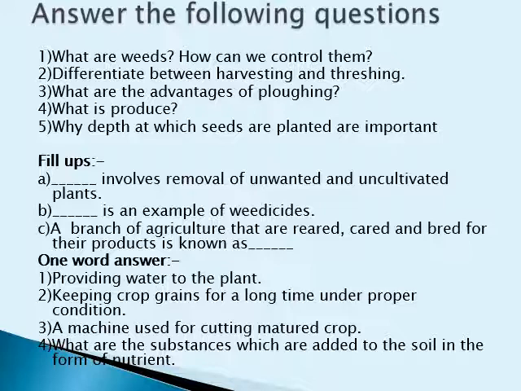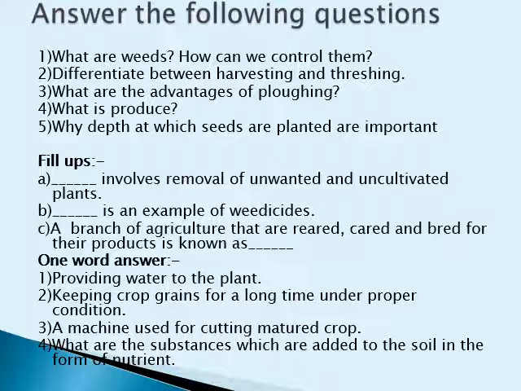And the answer is 2,4-D or 2,4-dichlorophenoxyacetic acid. C part of the fill-up says, a branch of agriculture in which animals are reared, cared for, and bred for their products is known as animal husbandry.